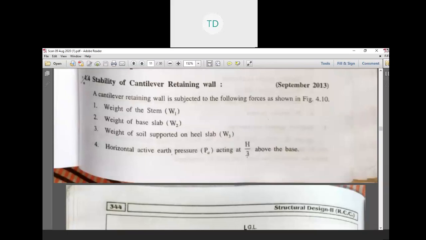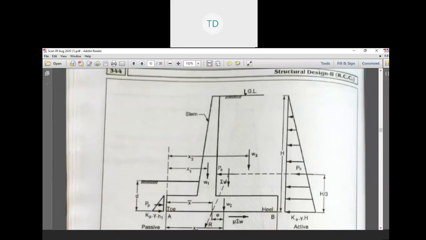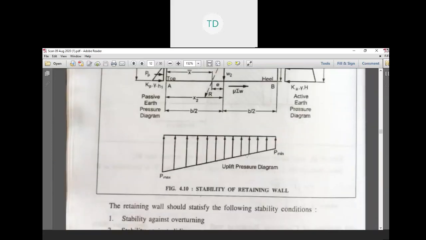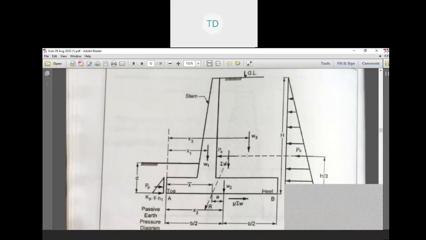We already studied in mechanics of solids, in triangular action the force acts at h/3 height. This is the same pressure diagram, as we discussed.